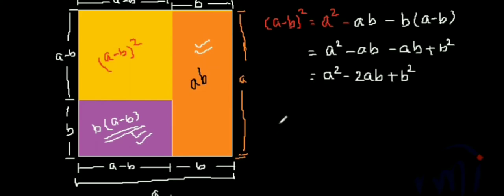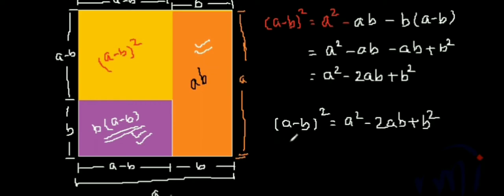And this is the formula of A minus B whole square. A minus B whole square is equal to A square minus 2AB plus B square, right? So this is a geometrical representation of A minus B whole square.